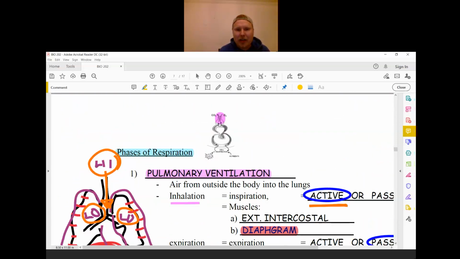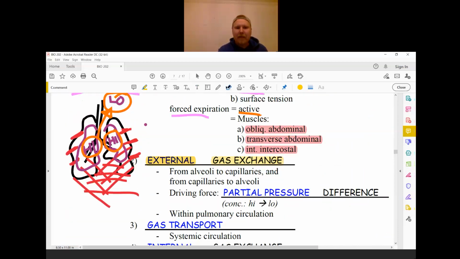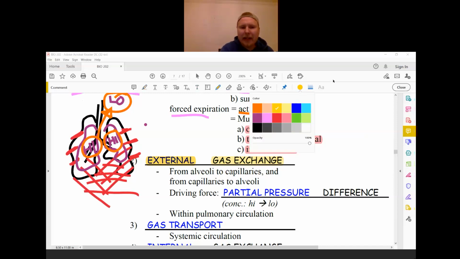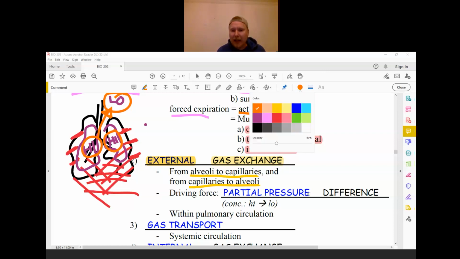External gas exchange refers to the point where we are exchanging the gases from the alveoli to the capillaries of the pulmonary system, and also the other way around, from the capillaries of the pulmonary system to the alveoli. And this is all driven by the difference in the partial pressures at various different areas.